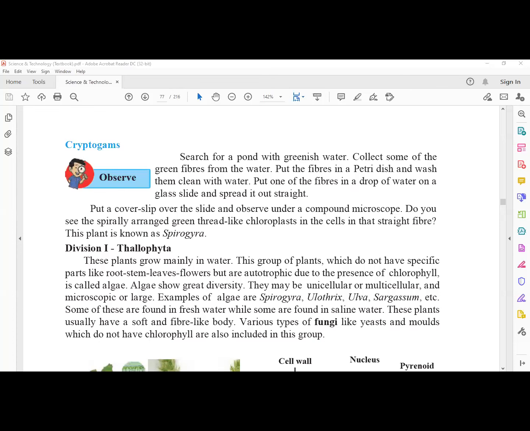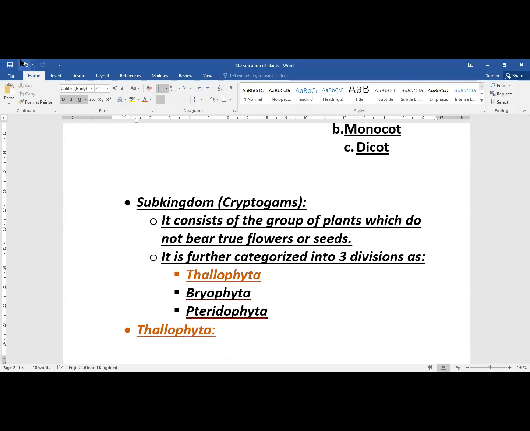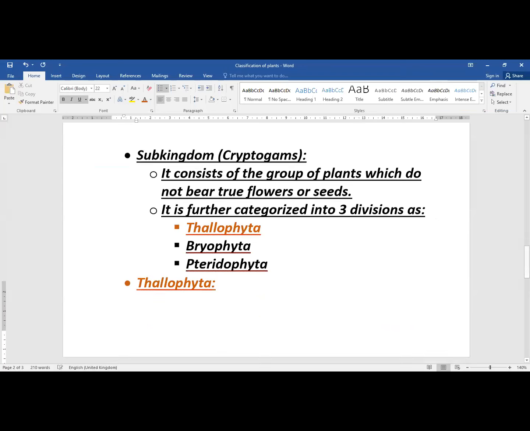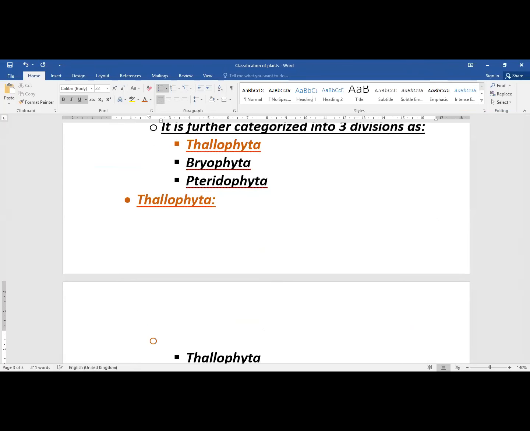Okay, so let's write about this. First we'll write under this part. These plants grow mainly in water.